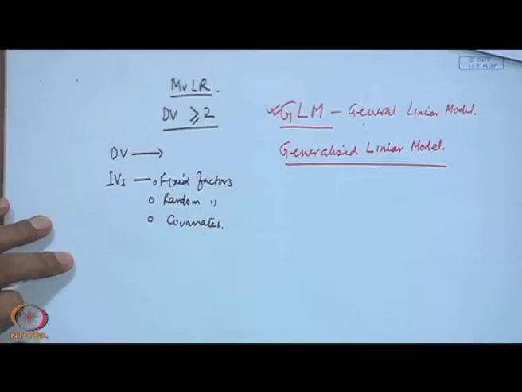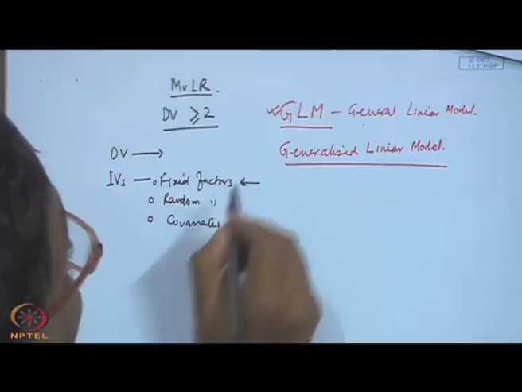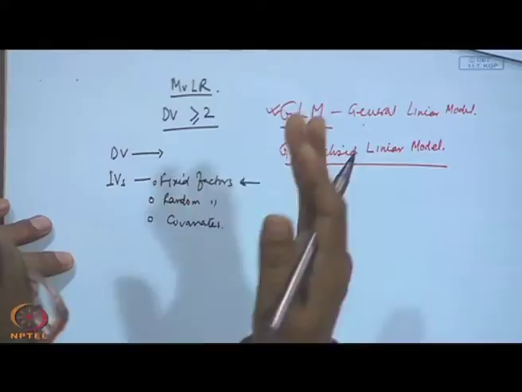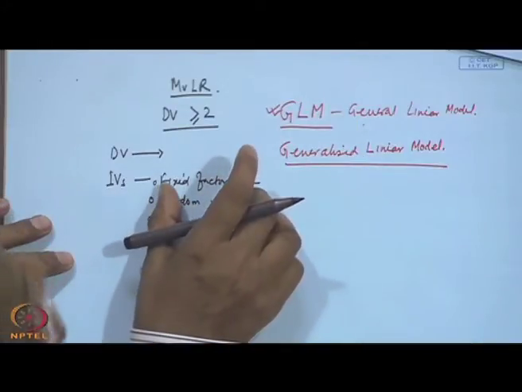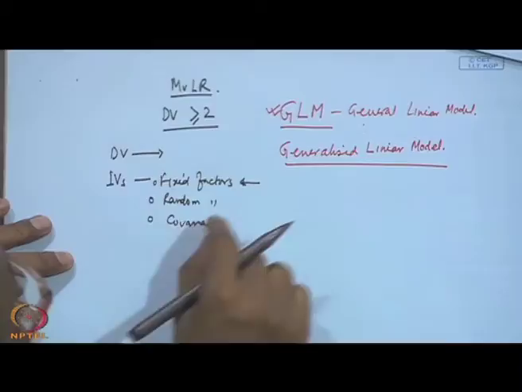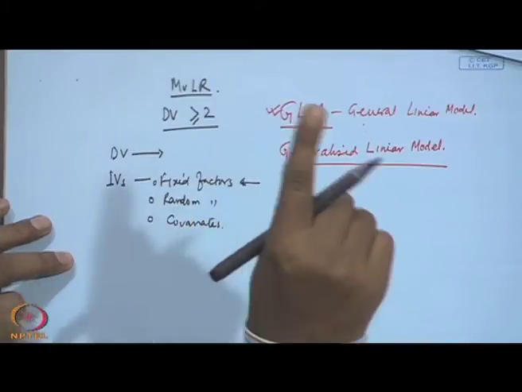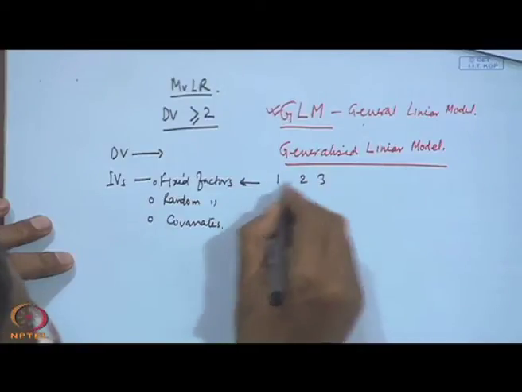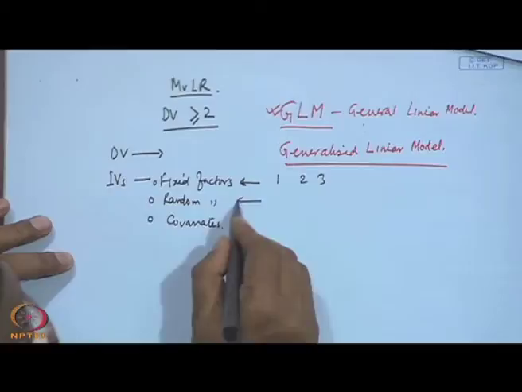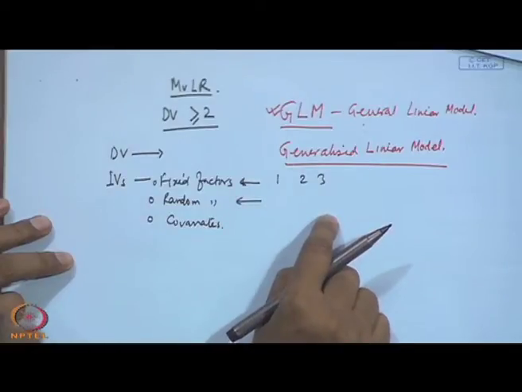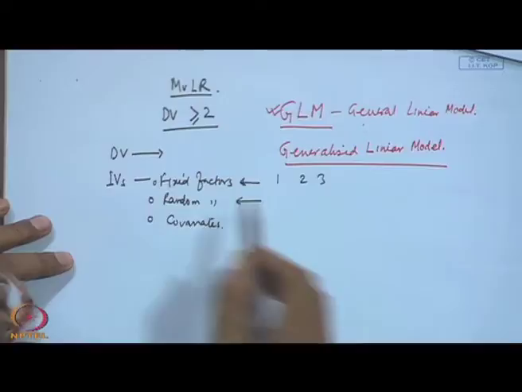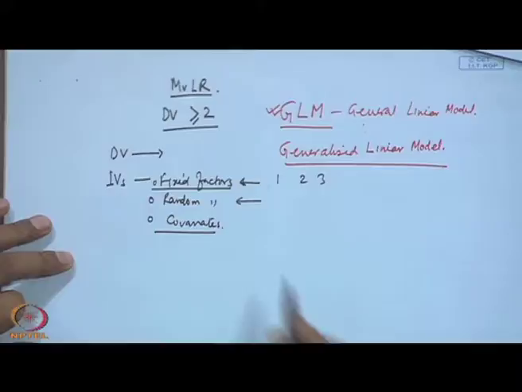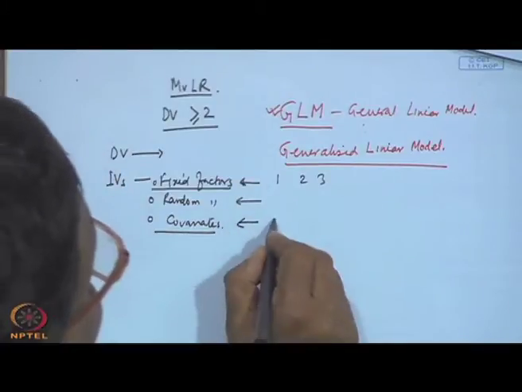What does it mean? Fixed factors are factors with different levels, but these values are fixed. Random means the value may change. Suppose the levels are 1, 2, 3 here; these are fixed, but in case of random it is not like this. So, there is a random effect model. We are basically considering the fixed factor model, and covariates are used if the factor is continuous.